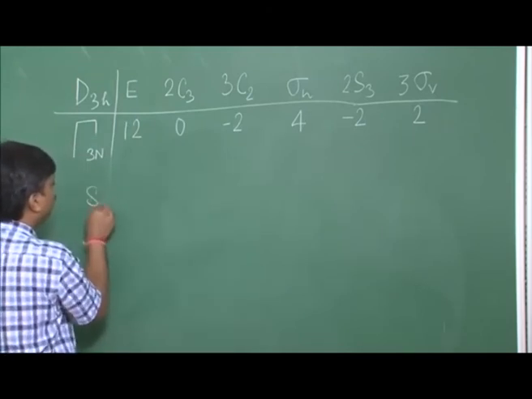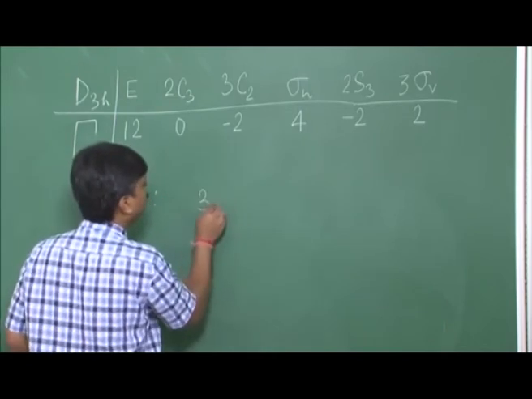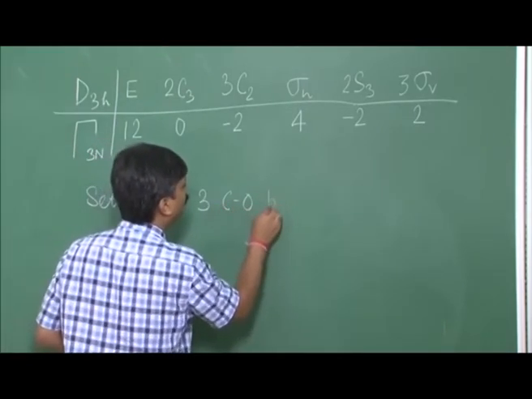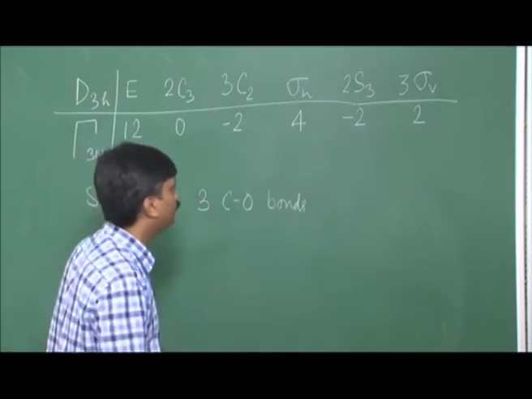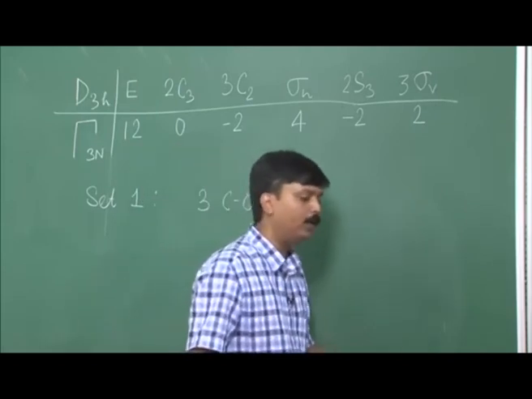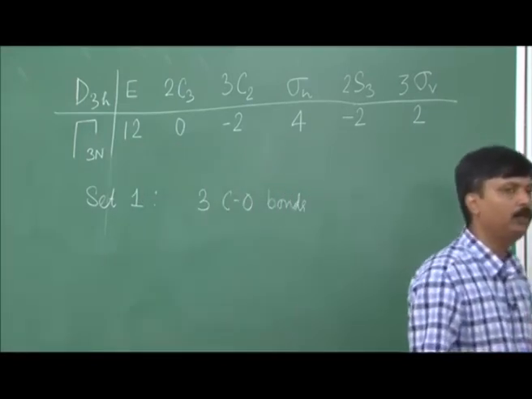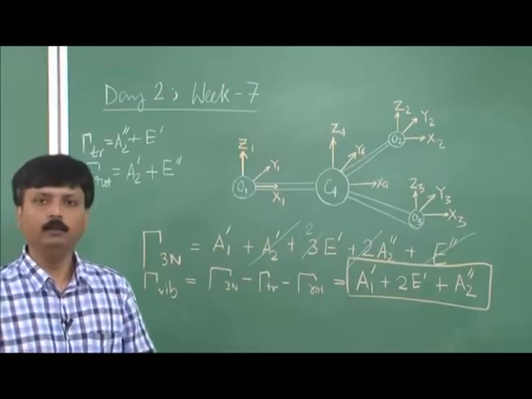So I can consider a set 1 which has 3 CO bonds. They act as my basis functions. Then on these 3 CO bonds, I operate all the symmetry operations of the D3h point group, and I form the representation. All right, and then I reduce that.